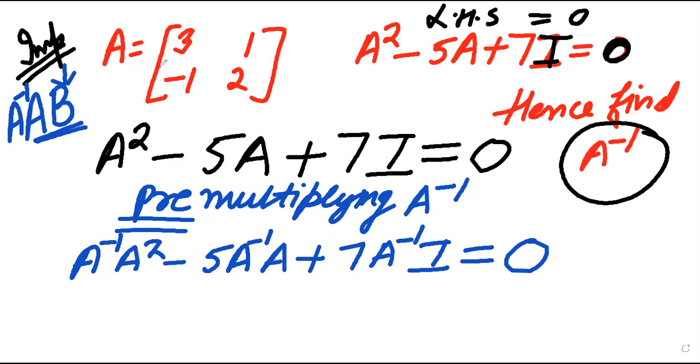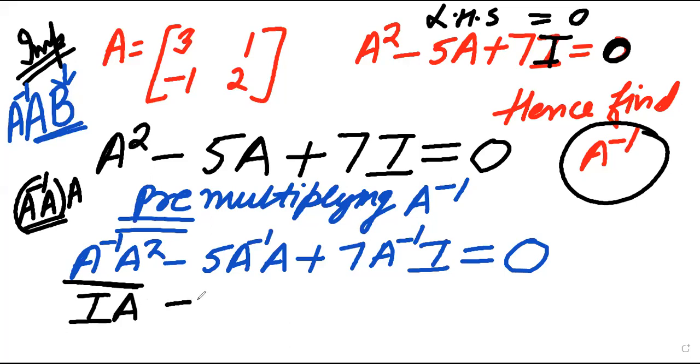Now, the next step. A inverse into A squared I have. So what can A squared be written as? A into A. So A inverse into A into A, and A inverse into A is identity.